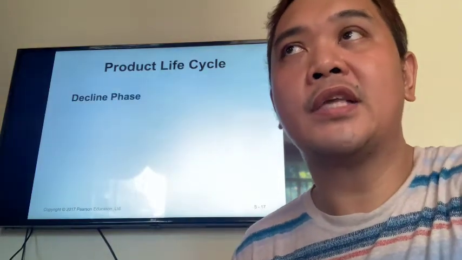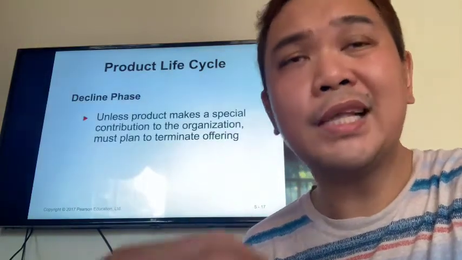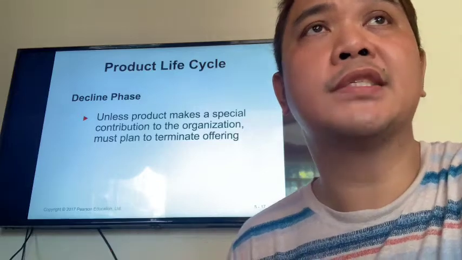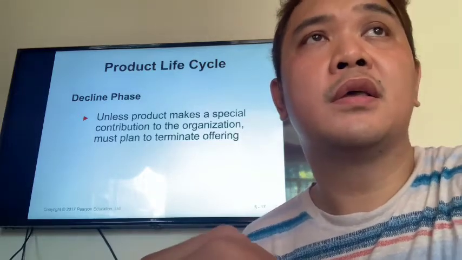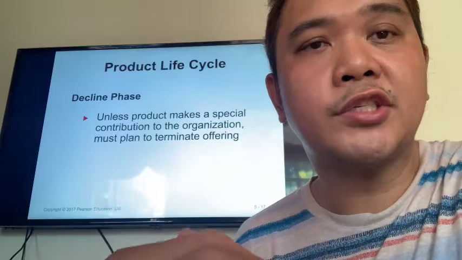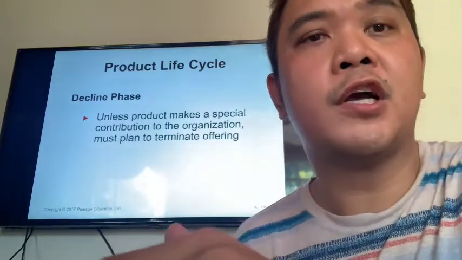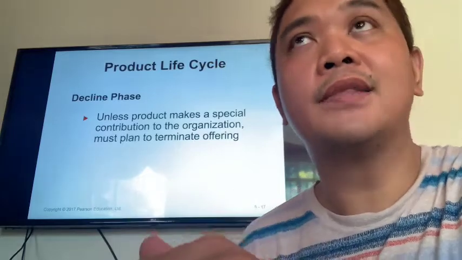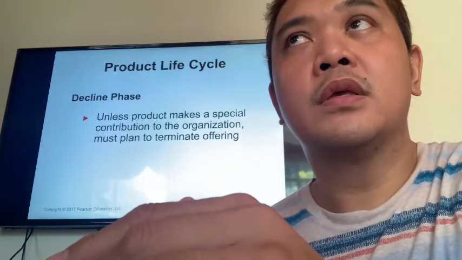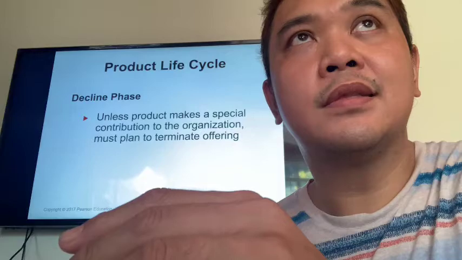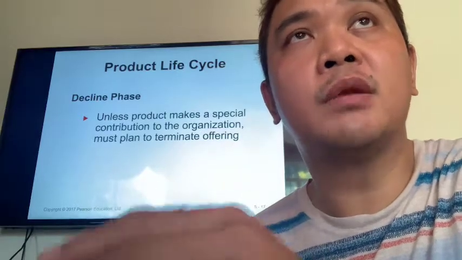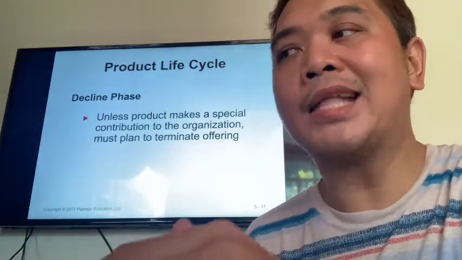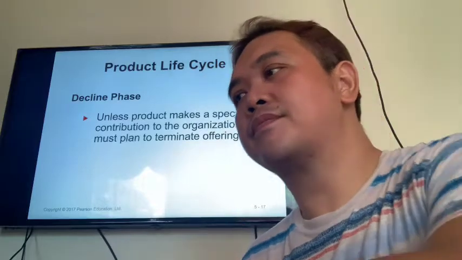And during the decline phase, not unless your product makes a special contribution to the organization, for example, that is your core product, you have started with that product, then not unless it has a special contribution, you have to plan to terminate the offering.